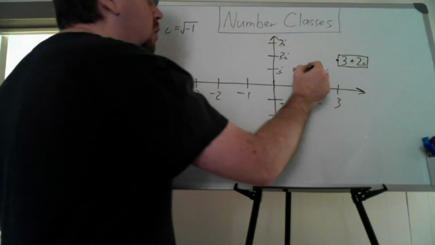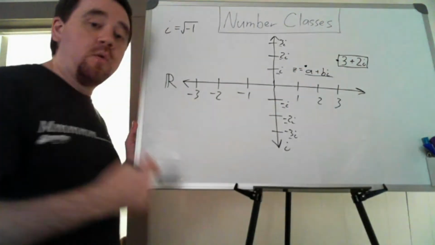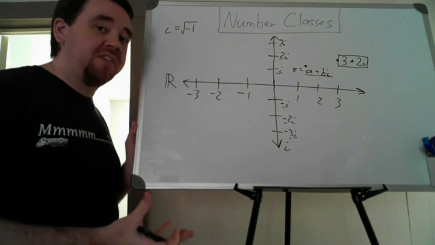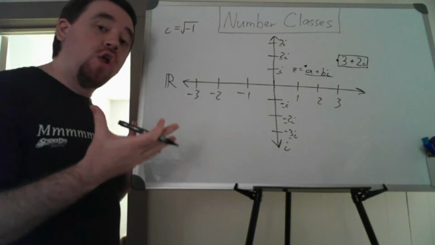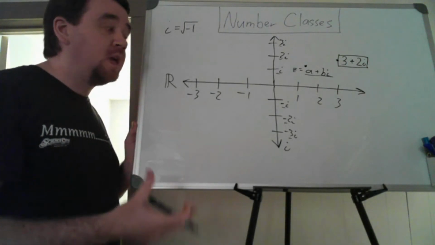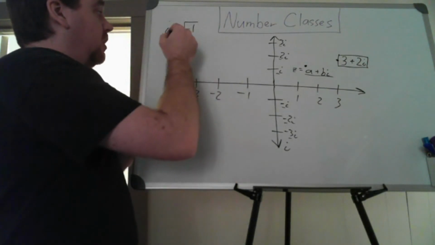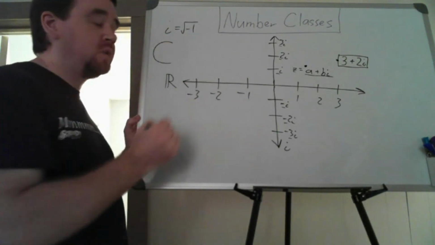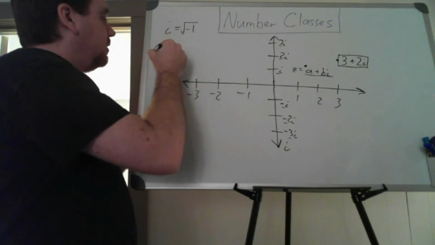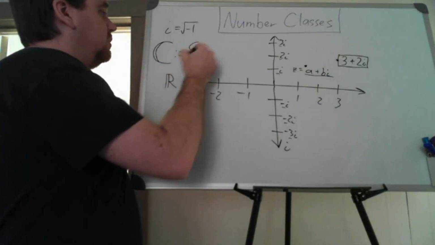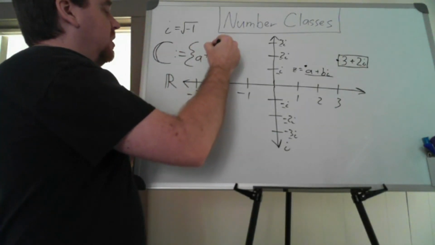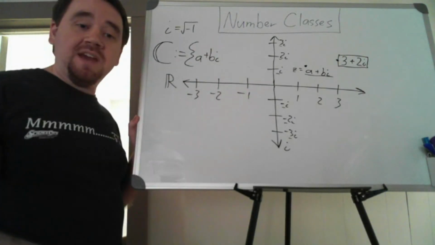But it's this format right here is how we define our very last class of numbers. And I actually already gave it away just a little bit ago. It's what we call complex numbers. So for complex numbers, we use a capital C. We double curve on the left-hand side, and we define it to be equal to the set of numbers a plus bi.